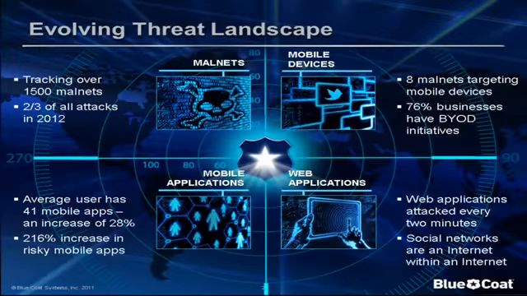So these could be any applications that you use on your smartphone, tablets, or even through a web browser. The average user of a mobile device has about 41 mobile apps on their iPhone, Android, tablets, and other devices. So that increases the amount of possible attack to that device significantly.